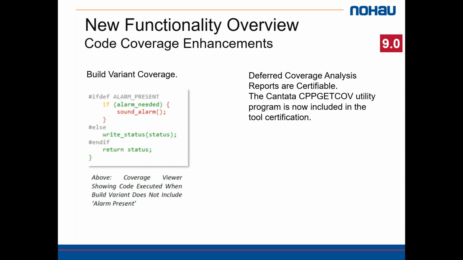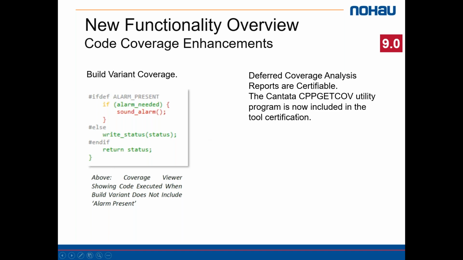And you still want to be able to test, when changing for example the target, all the different variants. That's also possible with the new version of Cantata. You can see here, this is an example where we have an ifdef alarm present. You can see it's covered all of them, although it's probably just one of them that's true. I mean, the compiler flags.